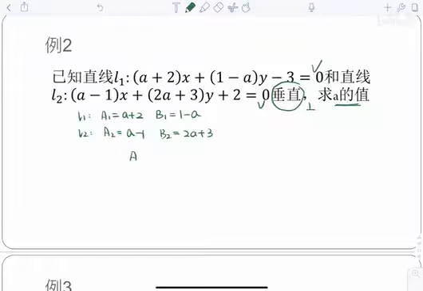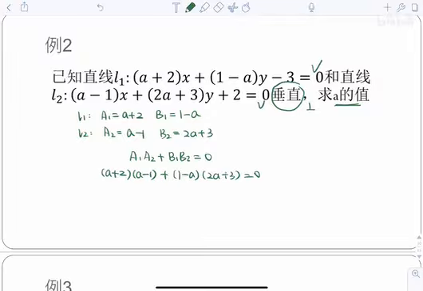So perpendicular means A1 A2 plus B1 B2 equals 0. So A plus 2 times A minus 1, plus 1 minus A times 2A plus 3, equals 0.